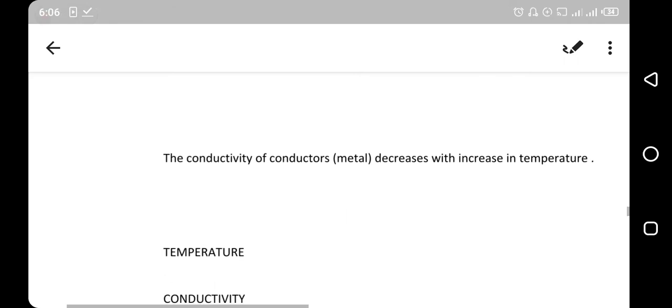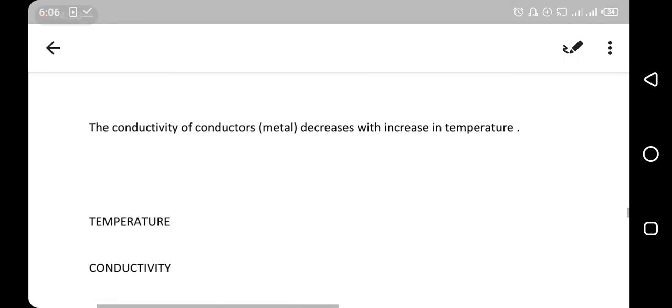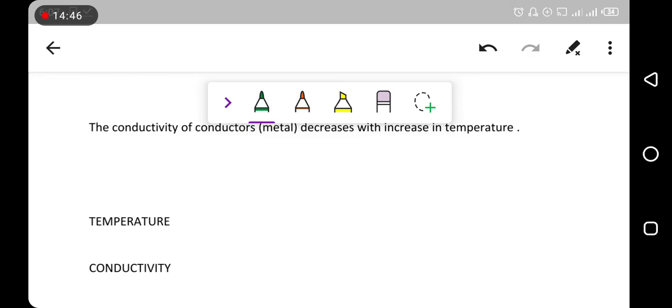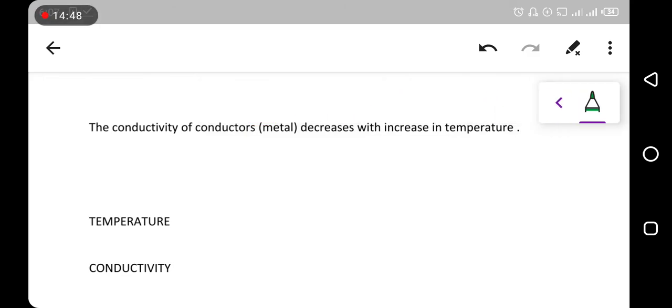But the conductivity of conductors, especially metal, decreases with increase in temperature. So here we see the effect of temperature on those electronic component materials.